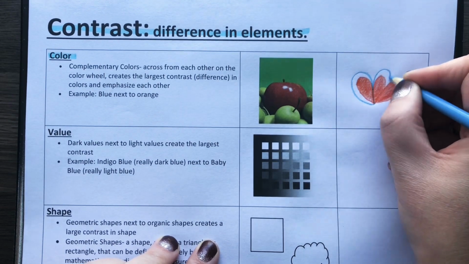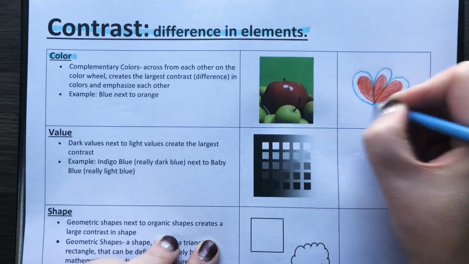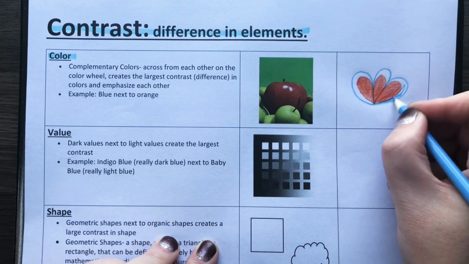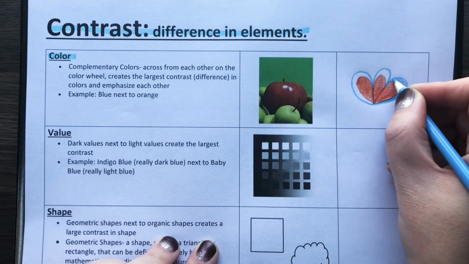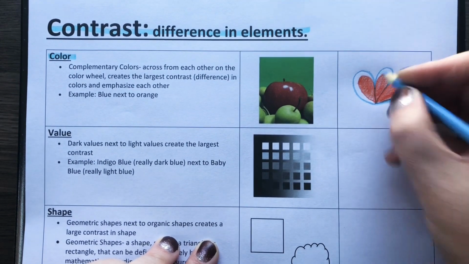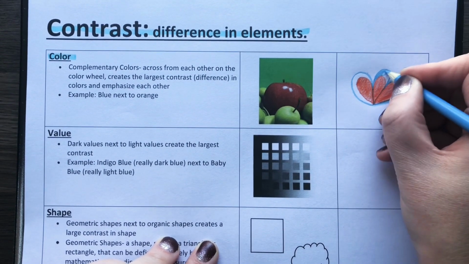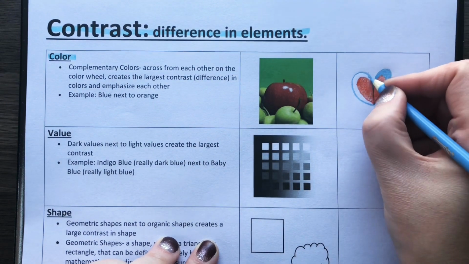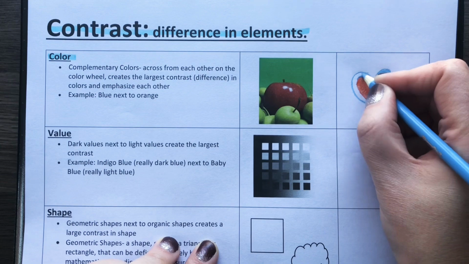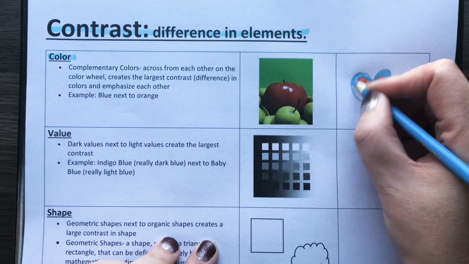So I'm going to add in some blue. Now by adding the blue right next to that orange, or the orange next to the blue, however you want to think about it, it makes those colors stand out, right?